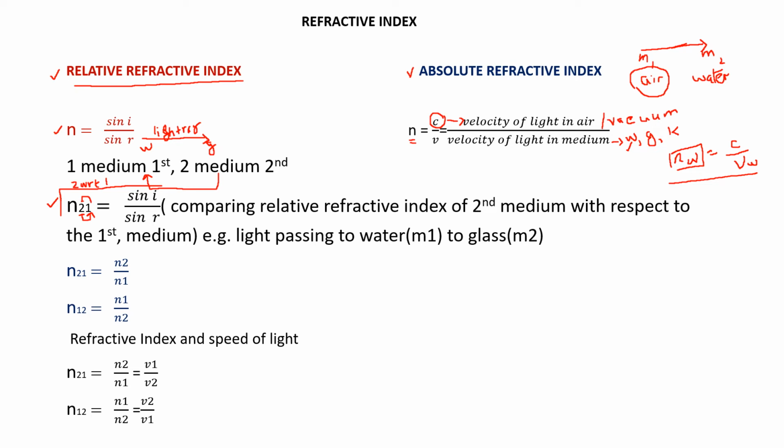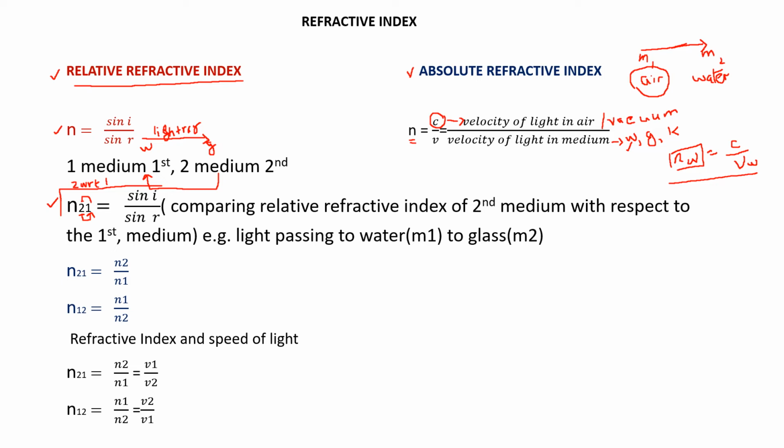Now coming to the next part. Here we also made a definition of refractive index. Here I am comparing the relative refractive index of two media with respect to each other.